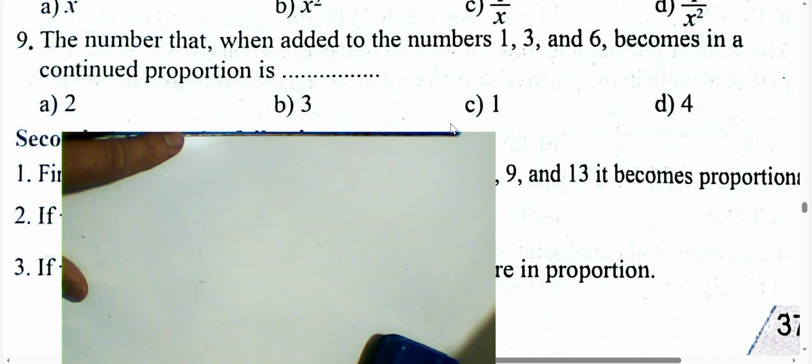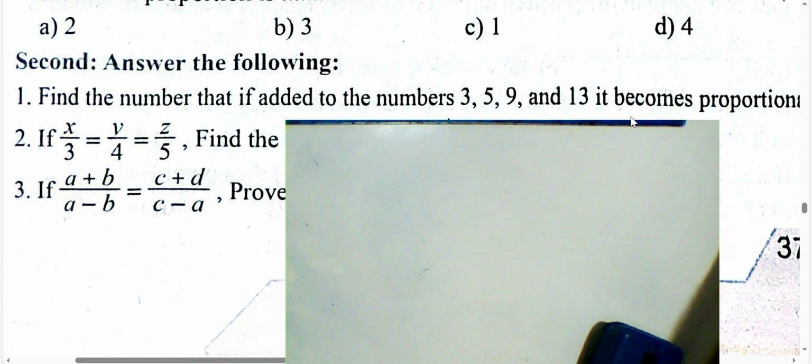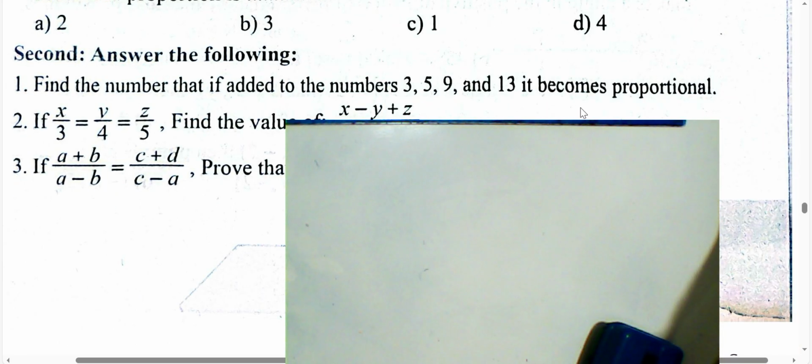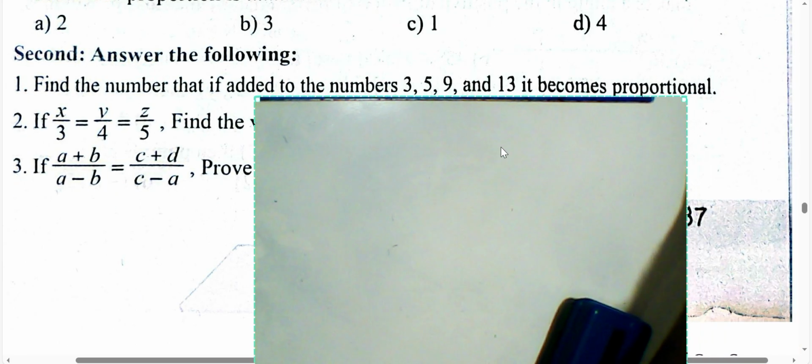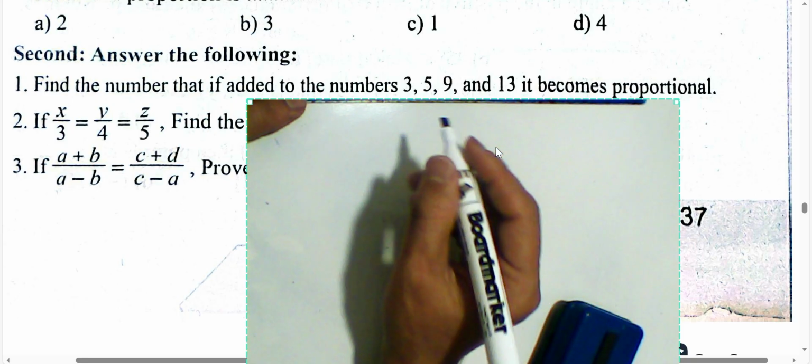Next question, second. Find the number which, if added to the numbers 3, 5, 9, and 13, makes them proportional, continuous or proportional only. Okay, proportional, not continuous proportional. It's proportional, meaning we must put the number here.